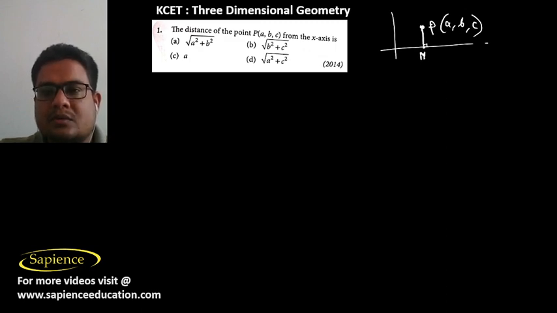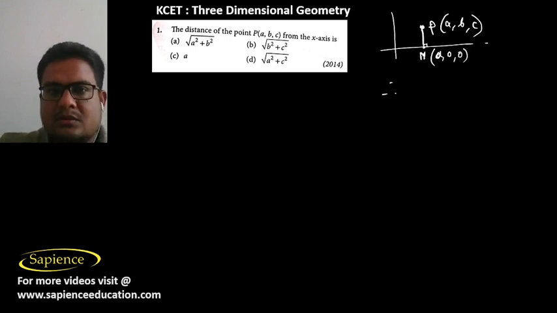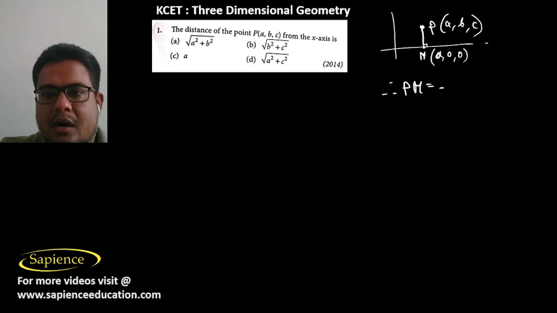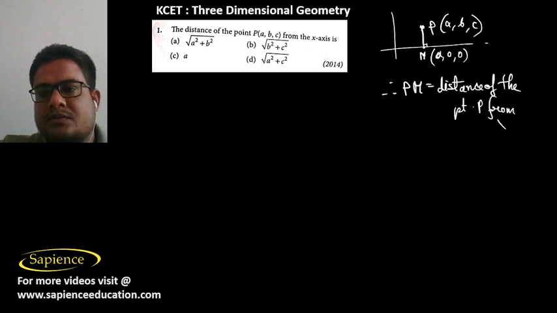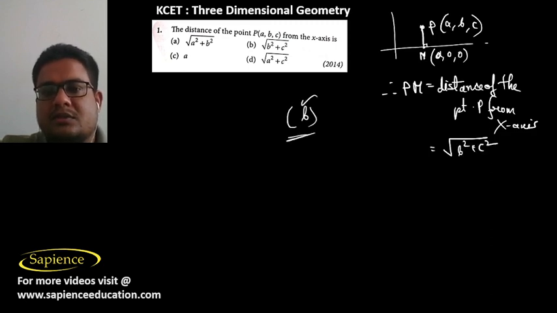So the coordinates of the point M will be (a, 0, 0). Therefore, the length PM is the required distance of the point P from the x-axis. So it will be equal to square root of b square plus c square. Option B is the correct answer.